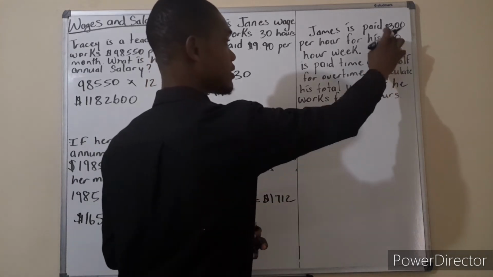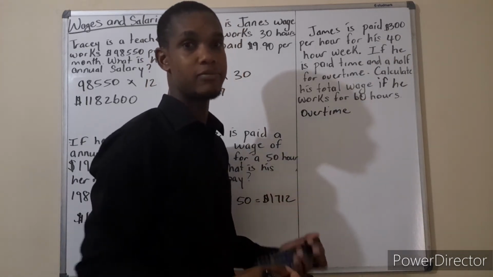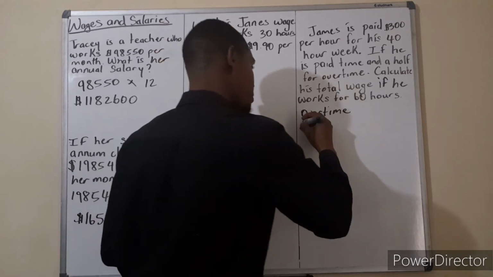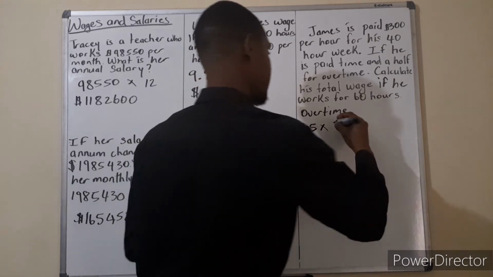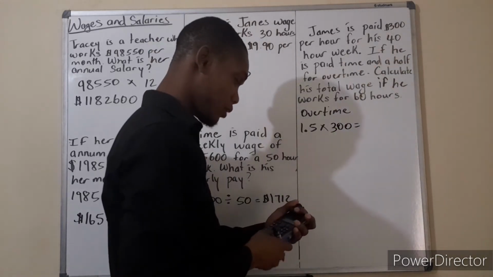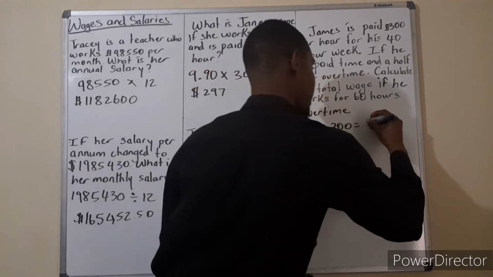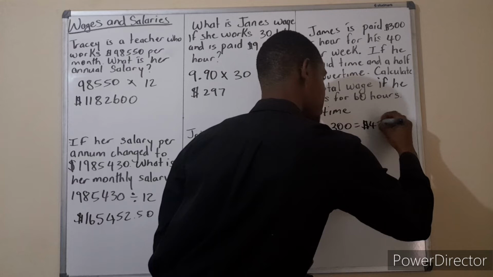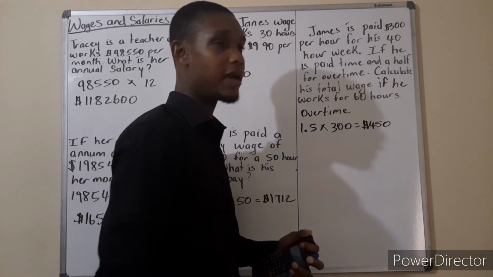So in our case, it says he's paid time and a half, but how much money is time and a half? Time and a half is 1.5 multiplied by the normal pay. So that's 1.5 times the 300, because that would be the normal pay that James would get. And that would be $450. So that's the amount of money you'll be getting for every hour he works overtime.